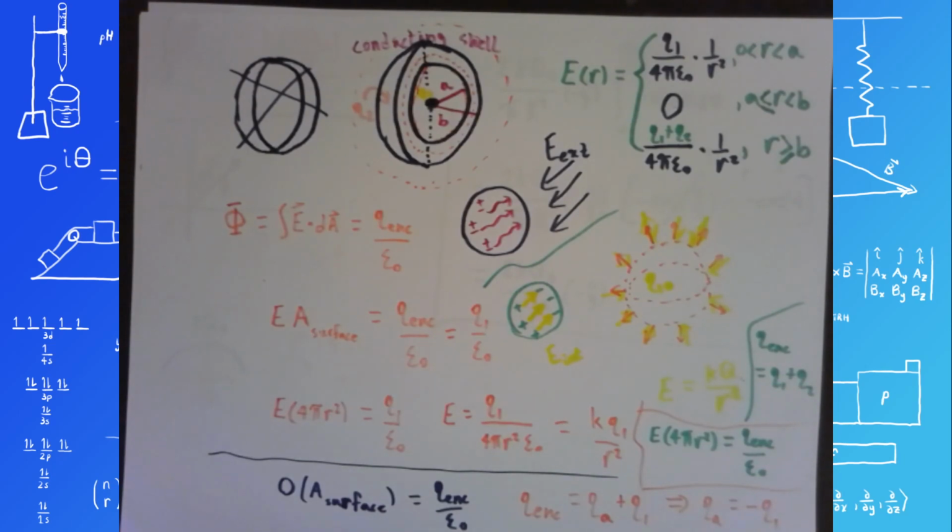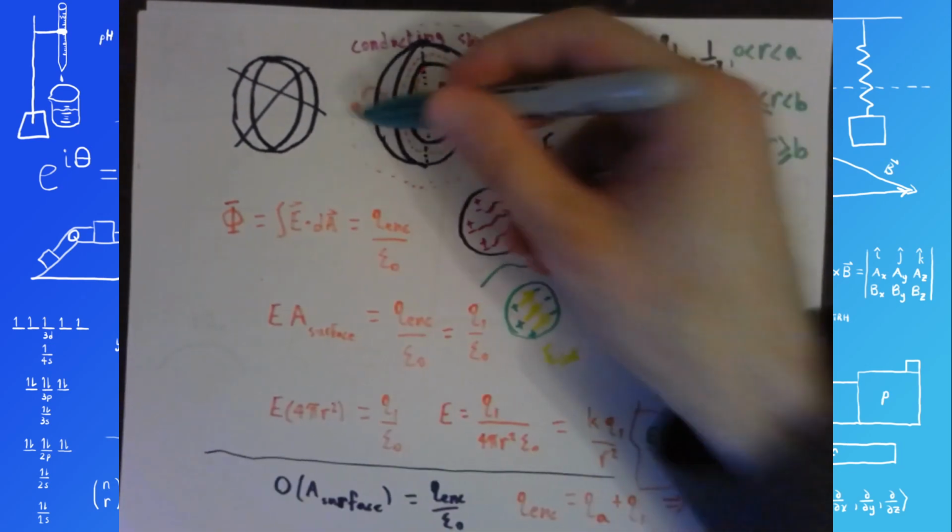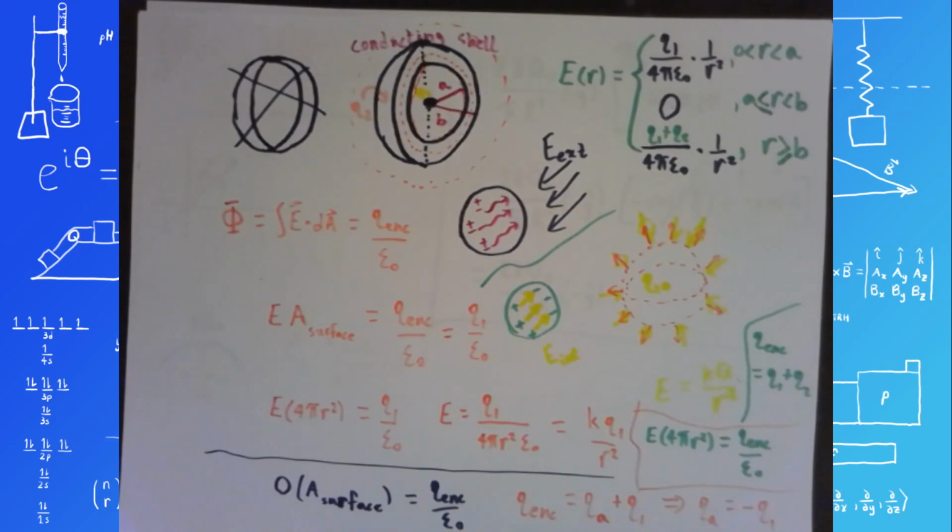Anyway, there was a part here that was of interest to me, which was, what are sigma A and sigma B, the surface charge densities on the inner and outer surface of this conducting shell. And I think I can still squeeze that onto this page without having to start a new page, so I'm going to go ahead and do that.